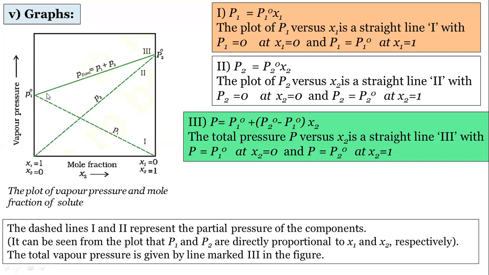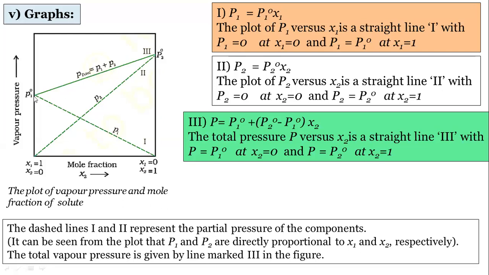There are three graphs. This is line number 1, this is line number 2, and this is line number 3. Line number 3 indicates the total pressure. With this statement, we can understand the dashed lines 1 and 2 represent the partial pressure of the components.